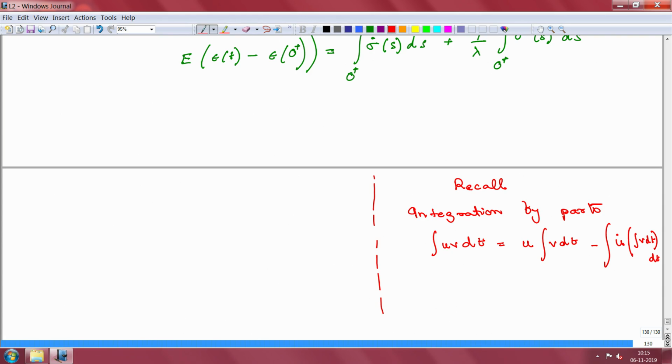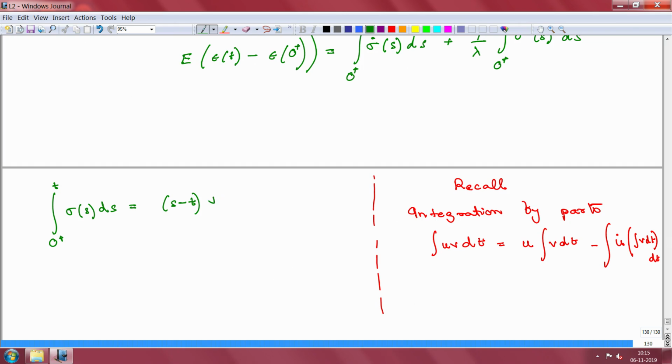So, using this integration by parts, what we have to do is simplify, and I want to get rid of the pure stress term and convert it into a derivative form.